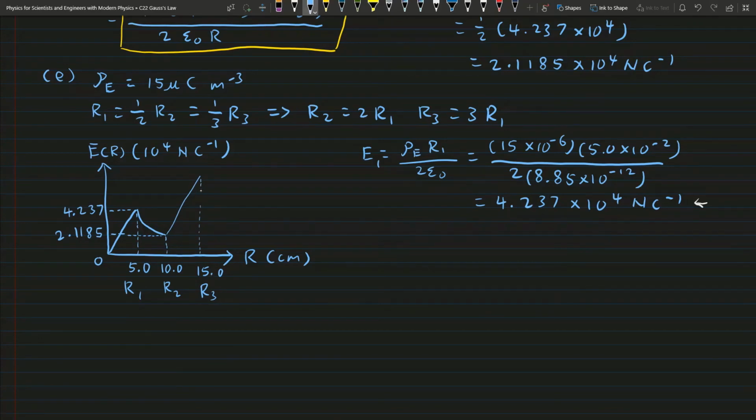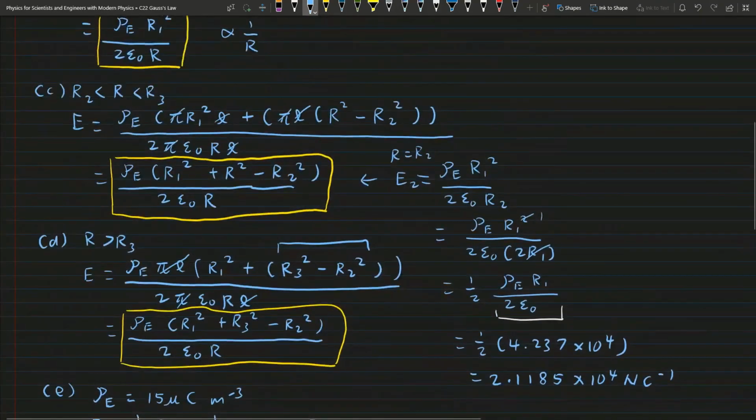Now let's find out the corresponding electric field. We are going to apply the same formula, but in this case, we make R equal to R3.